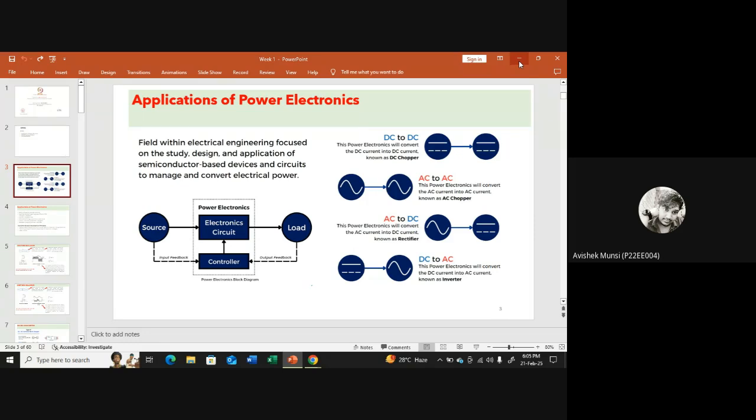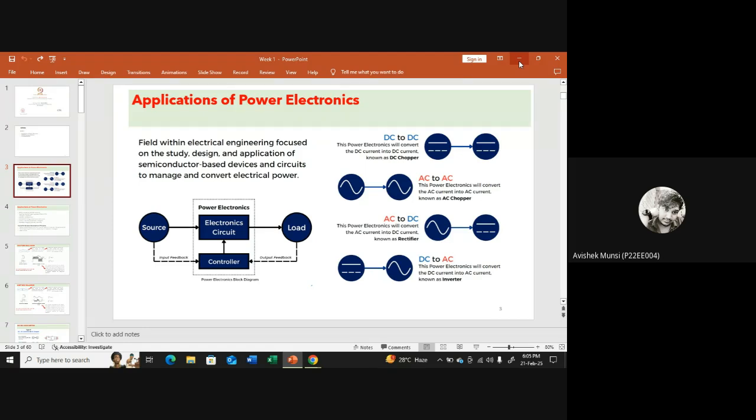Obviously there will be a source which will be AC or DC, and there will be an electronic circuit by which we can convert it into DC or AC. And definitely, to make it stable at all times at the load, we need a controller. We need to feed back the output via the controller to the source, so that it will maintain its output all the time. So how many types of converters are there?